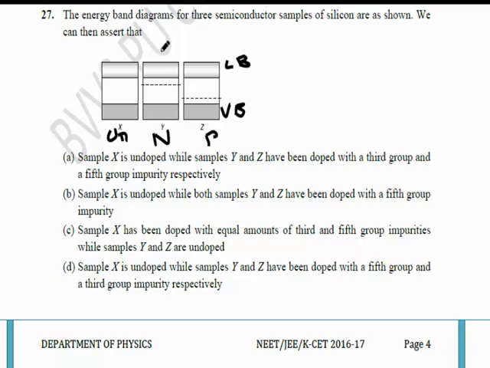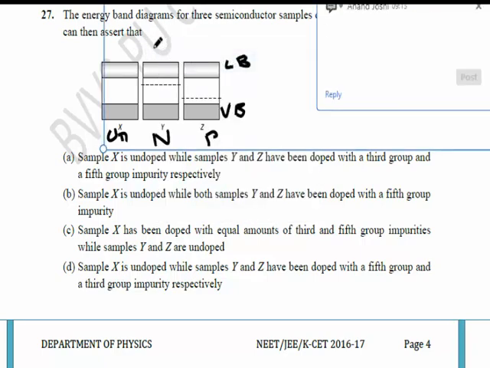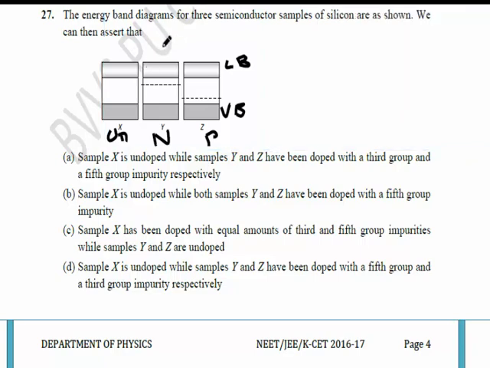N type is doped with pentavalent impurity, fifth group, and P type is doped with trivalent impurity. X is undoped. Y is fifth group, Z is third group.